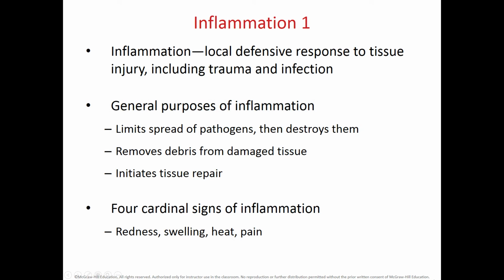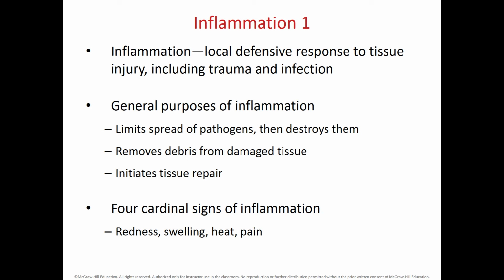Okay, now let's talk about the other part of the innate immunity, the inflammation. Inflammation is a process that happens when we have tissue injury or an infection, and this usually happens at a local level where we have that specific tissue injury.